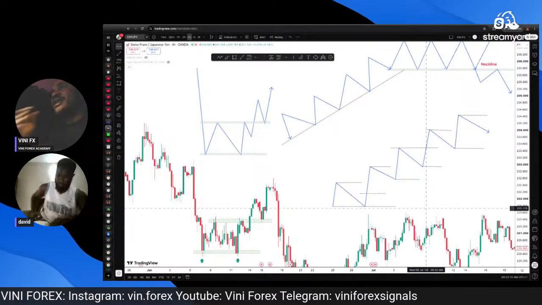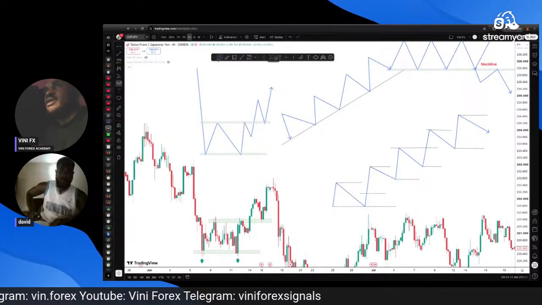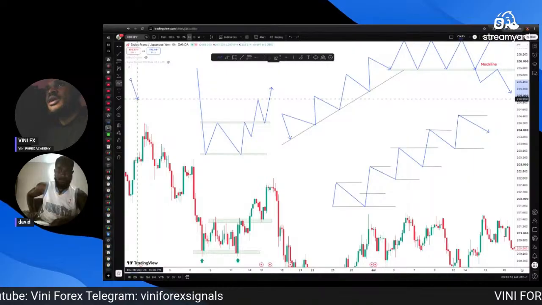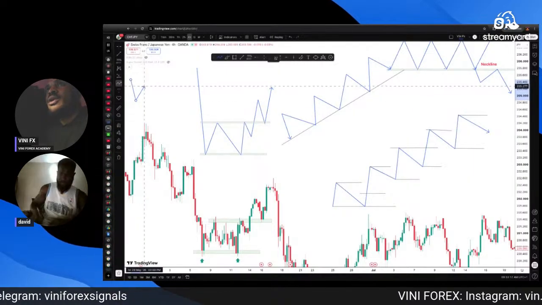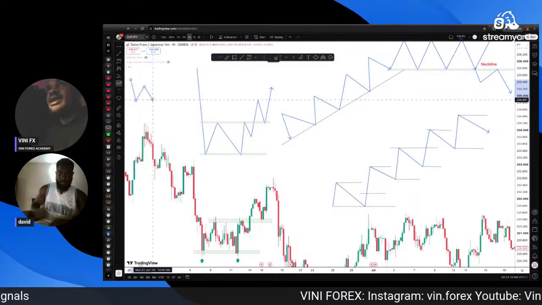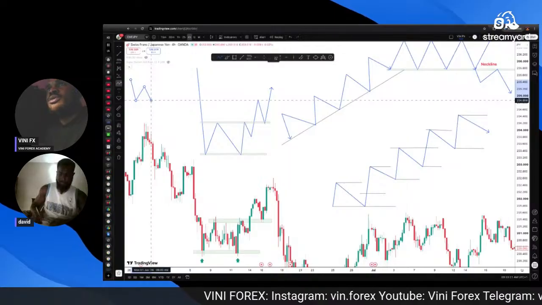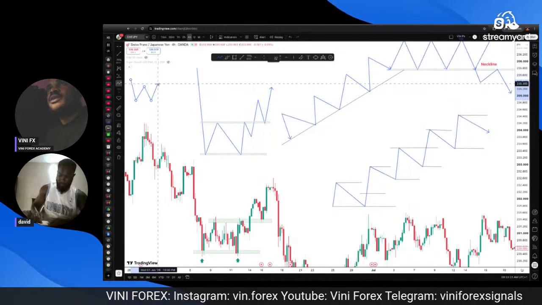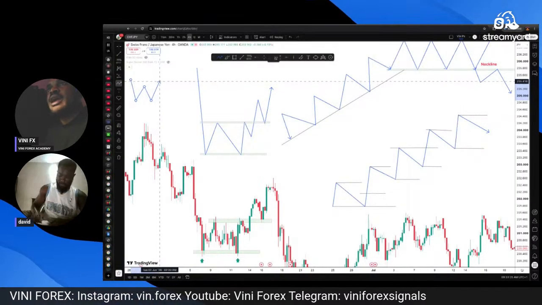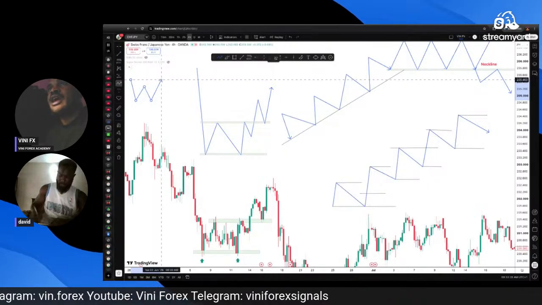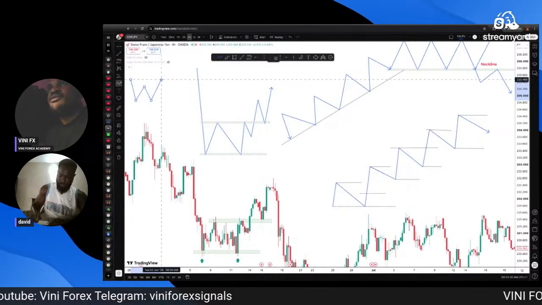And what chart pattern is here? A double bottom. I've told you before, this is a double bottom: a high, a low, a lower high, then an equal low, and then it comes up this way to give you a higher high, because this high is not higher than this one. Simple market structure.